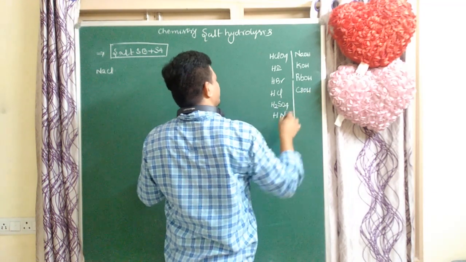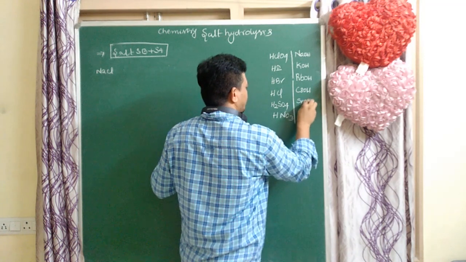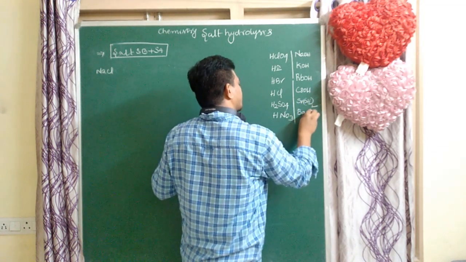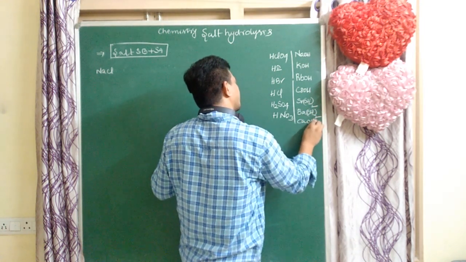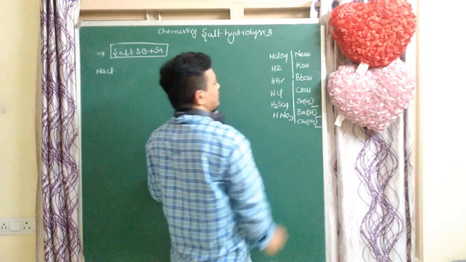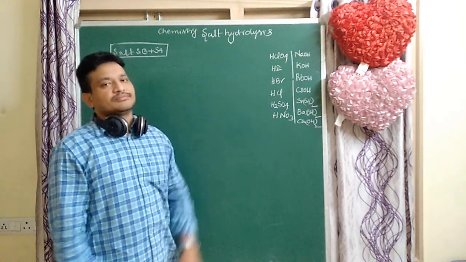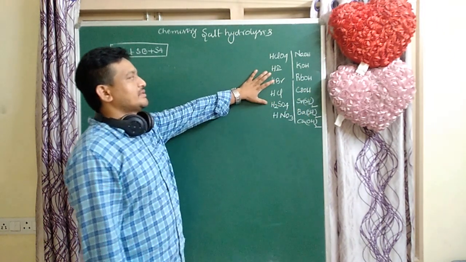In the second group, the strong bases are Sr(OH)2 and Ba(OH)2. Sometimes you have to consider calcium hydroxide also a strong base. These are strong bases. These are strong acids.